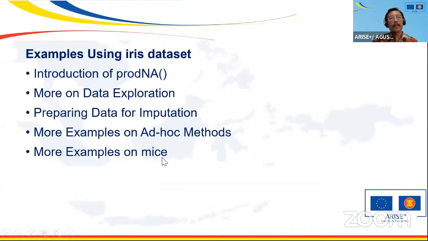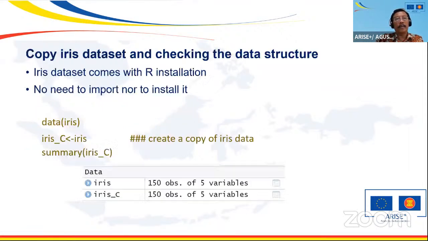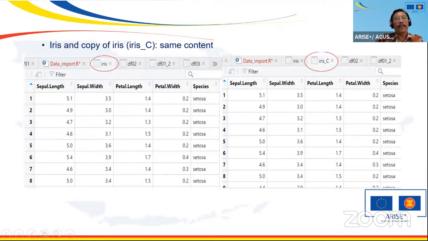Okay, more examples. You will find some more code which may be necessary for your uses. Here we are using the iris data. The iris, and then we copy this data, iris C, this is the copy, and we ask for the summary as usual.